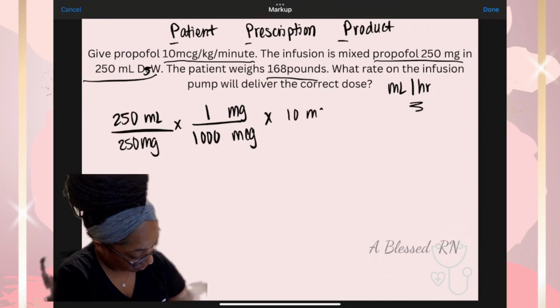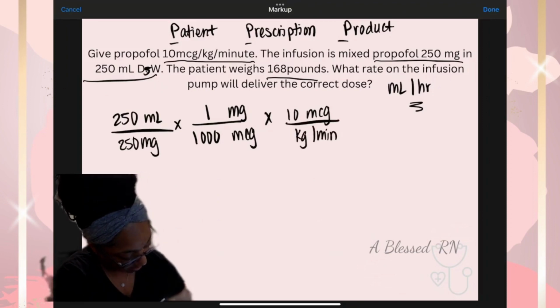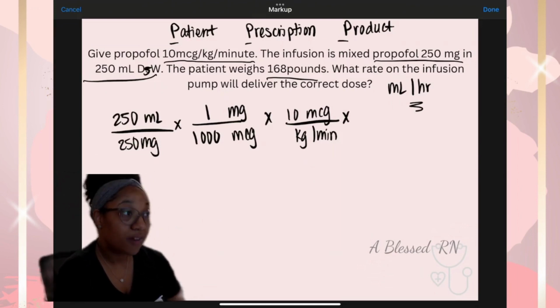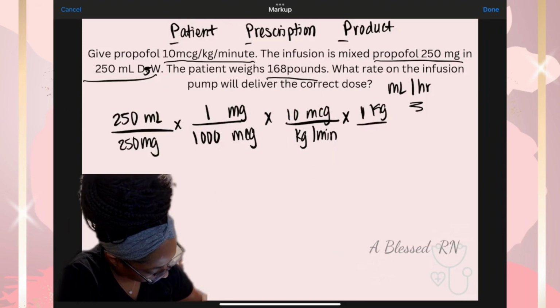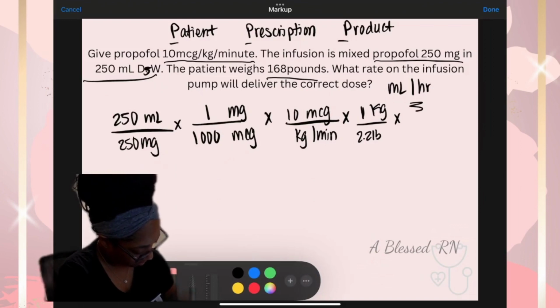All right, now let's go to the prescription, your order. 10 micrograms per kilogram in a minute. All right, and then we have our weight, right? So we got to do another conversion. So 1 kilogram over 2.2 pounds.